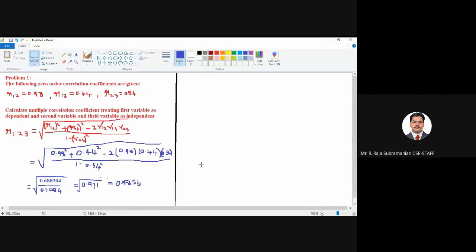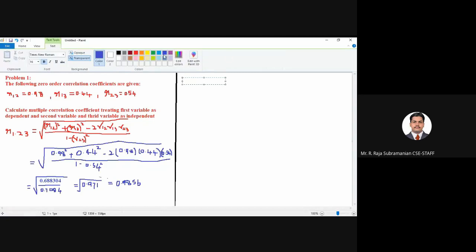Right, now we have to calculate the multiple correlation coefficient with the second variable as dependent and the first and third variables as independent.